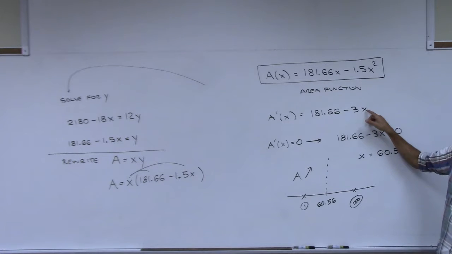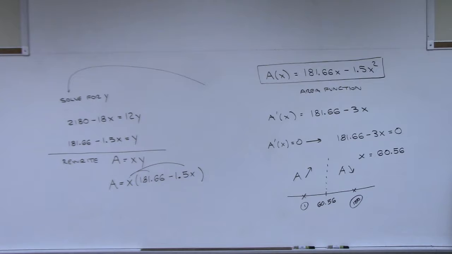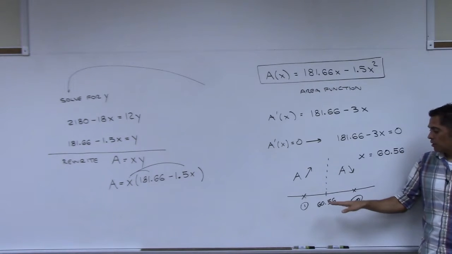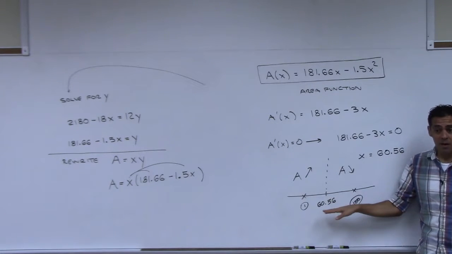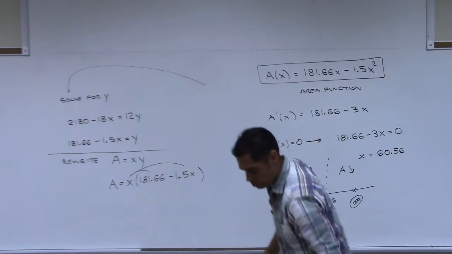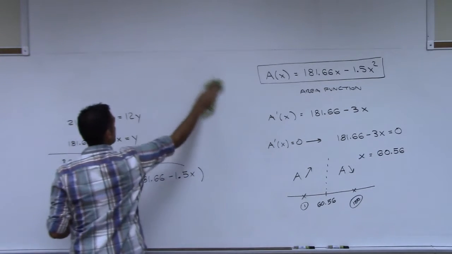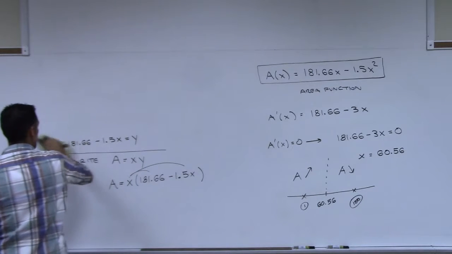That's going to be a negative number. So that means my area is going down here. And from that information, I can conclude that I have a maximum area when x is 60.56, right? So that's my conclusion. And then I'm going to make sure that I answer the question, because I don't think I've answered the question yet.